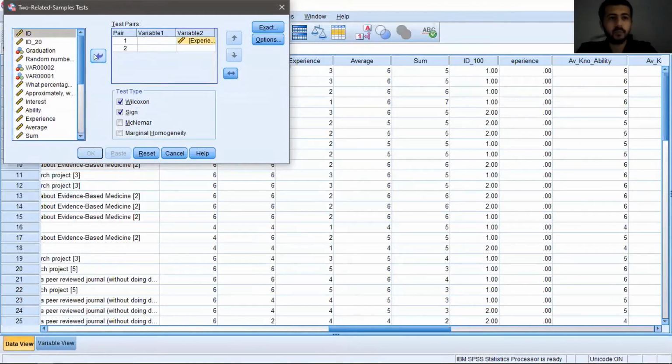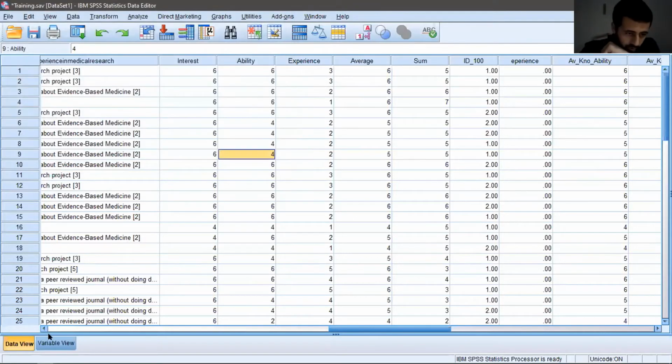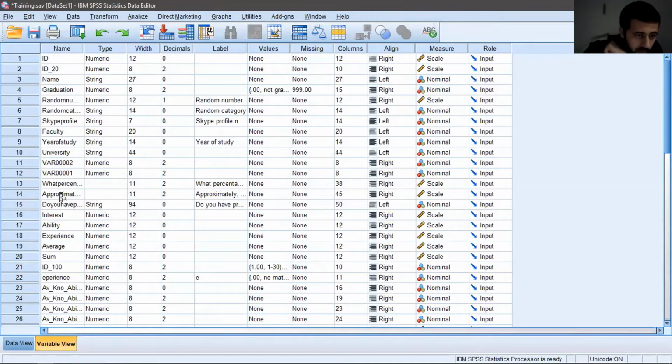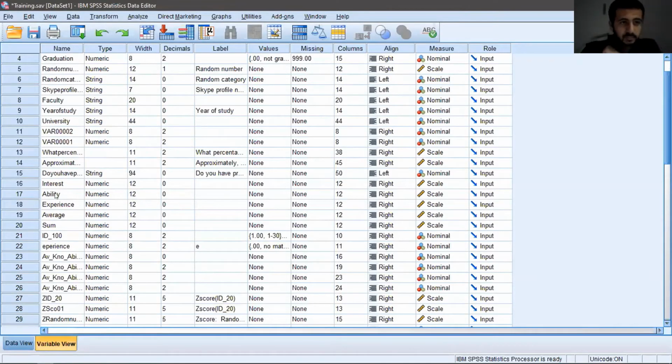I tested for something, then I tested for the same thing, and I need to compare them to each other. For example, I tested interest before the course and interest after the course. But let us change the names. For example, here we have interest and ability. I will make them interest and interest post.